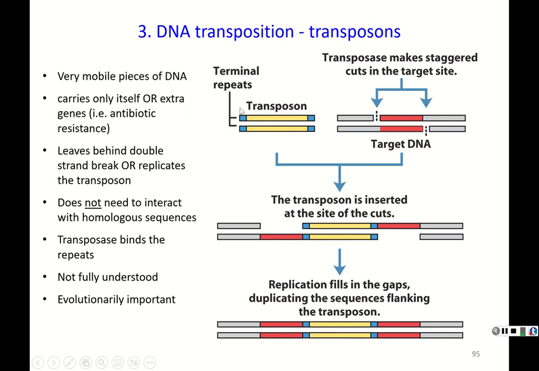Right? They have on the outsides of them some terminal repeats, and they do not need to interact with homologous sequences. So these can kind of move around more freely than the last two cases that we're looking at, more homologous type sequences.